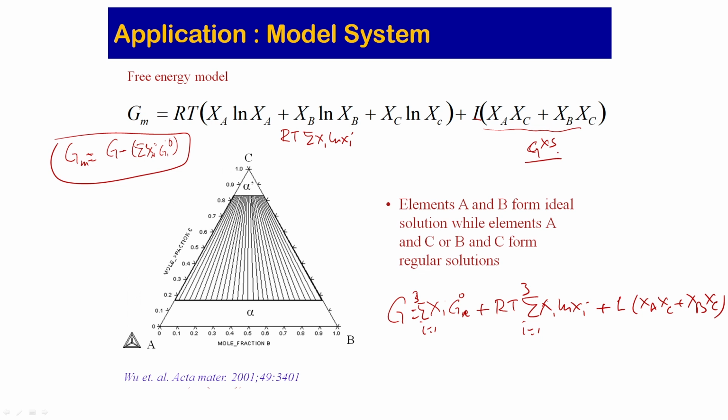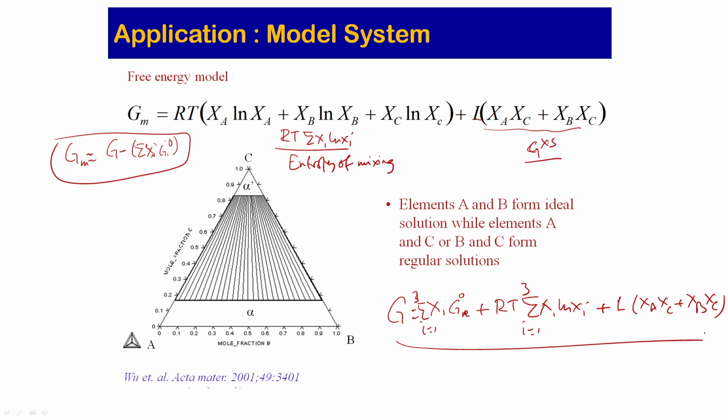So, this is your entropic contribution, entropy of mixing, this is the excess contribution. One can write Gm like that. So, now once you have Gm, I have written total G like this.